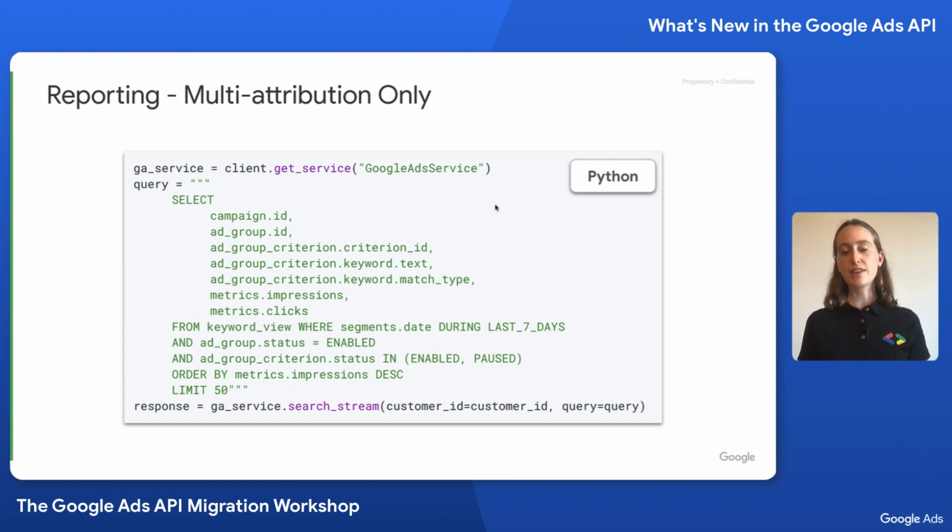When we query the keyword view, for example, each row in the results ties to a single keyword. If we query the geographic view, each row in the results ties to a single country. Because these are two different criterion types, one single impression could be attributed to both or either of them. Because of this behavior, you wouldn't want to aggregate impressions from multiple different criterion type views, since that would lead to double counting.